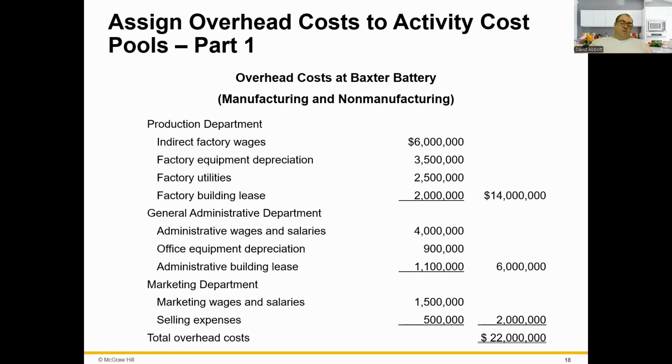The total cost of the production department, $14 million, equaled the total manufacturing overhead costs on the income statement. The total cost for the general, administrative, and marketing departments, $6 million and $2 million, equal the marketing and general expenses, $8 million, shown on Baxter's income statement.